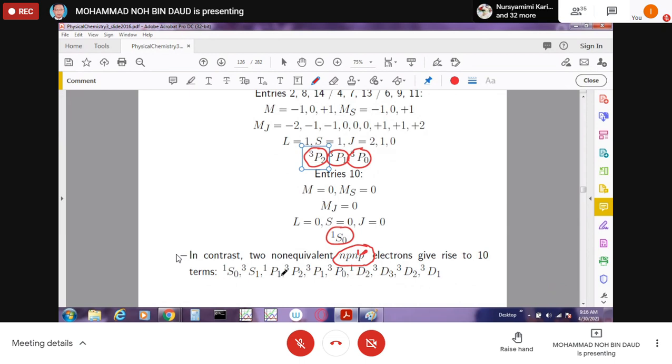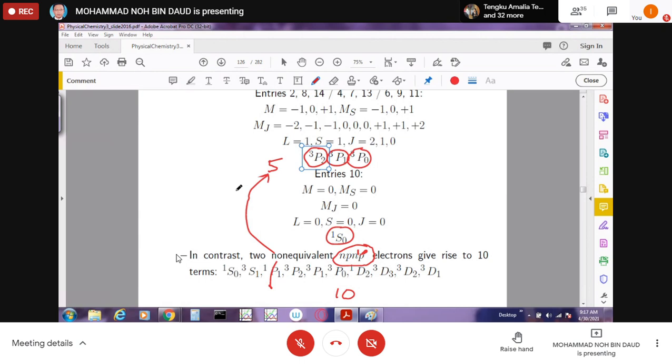For the non-equivalent electrons, we can have 1, 2, 3, 4, 5, 6, 7, 8, 9, 10. So from non-equivalent electrons to equivalent electrons, the number of term symbols is reduced from 10 to 5.